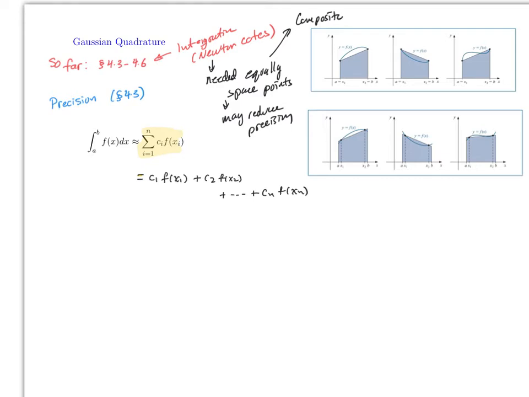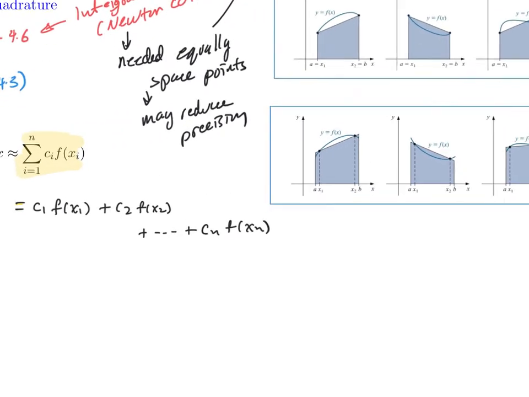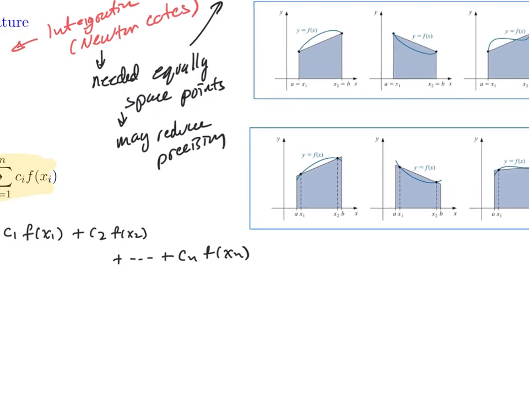Now the goal is going to be to find the n constants C1, C2, all the way to Cn, and also the x values, x1, x2, all the way to xn, to minimize the expected error. And by that I mean, if we don't rely on equally spaced points anymore, you can see that this approximation is better than this one.